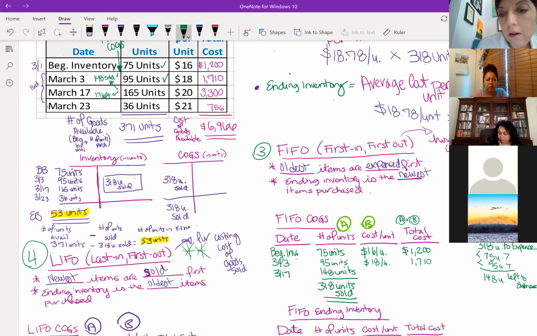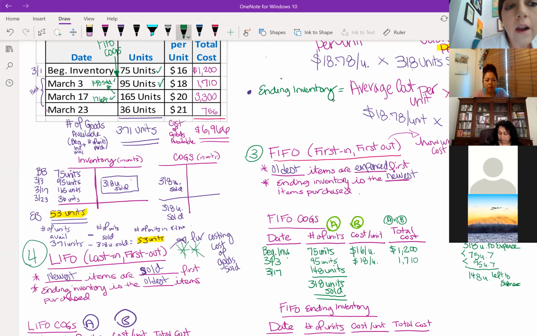And 148 units are going to be expensed at a cost basis of $20 per unit. So in this layer, how much is going to be expensed? Not the 3,300, because not all of them were sold, but only 2,960.